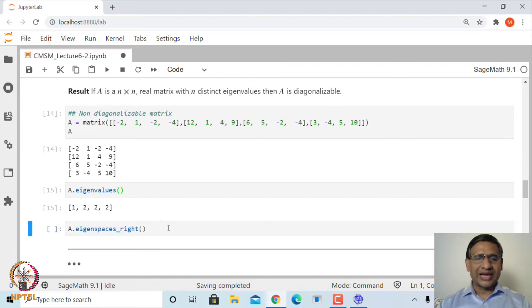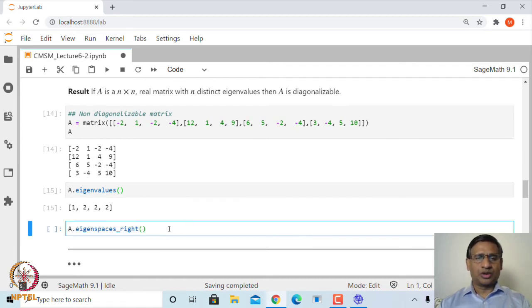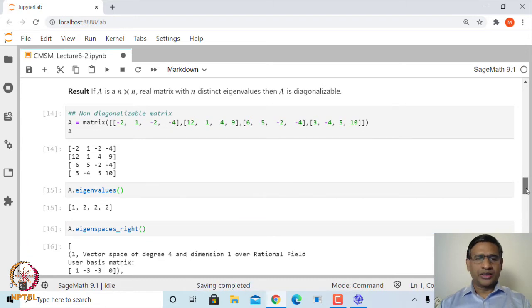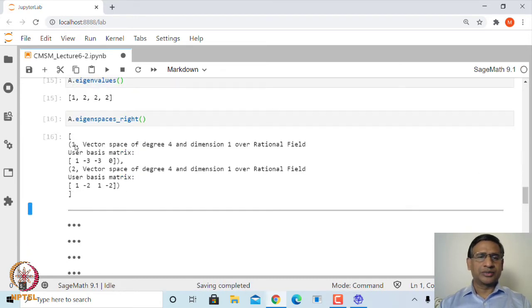Now, look at the eigenspaces of A. The eigenspace with respect to eigenvalue 1 is one dimensional, because it has only one eigenvector, and the eigenspace with respect to eigenvalue 2 is also one dimensional.